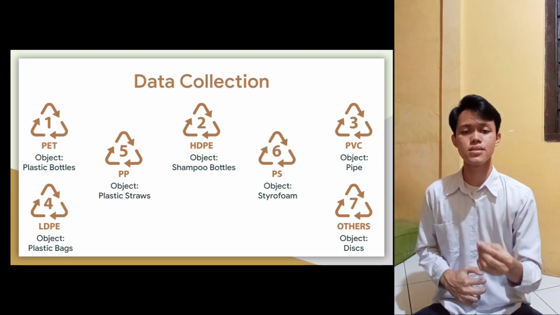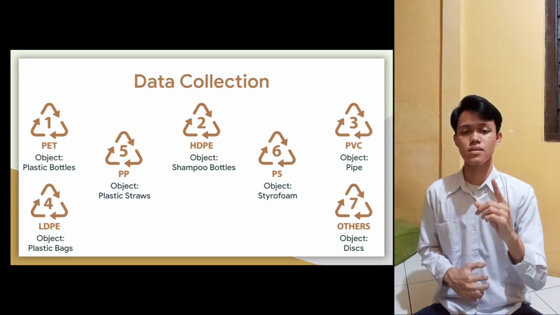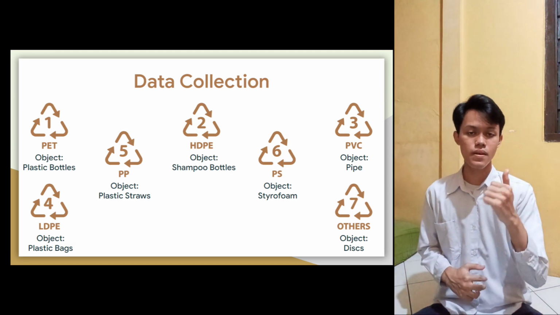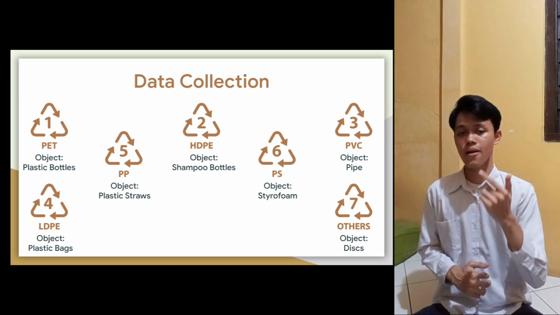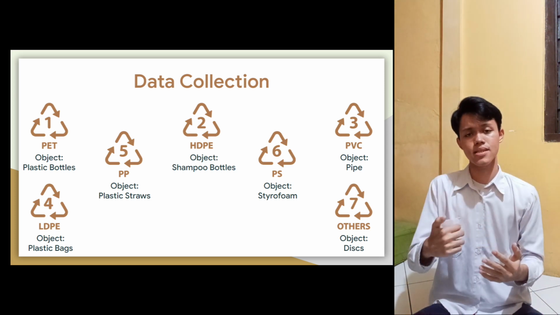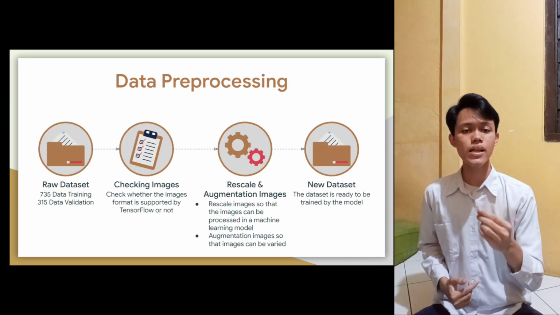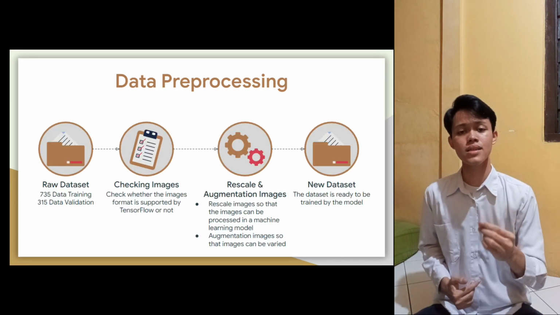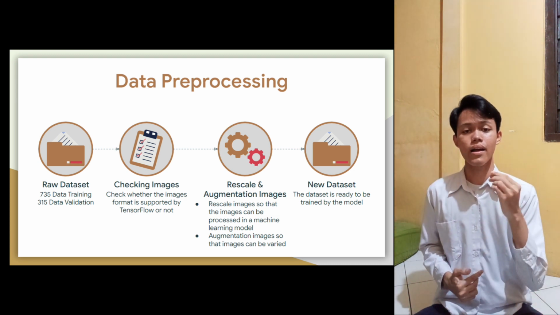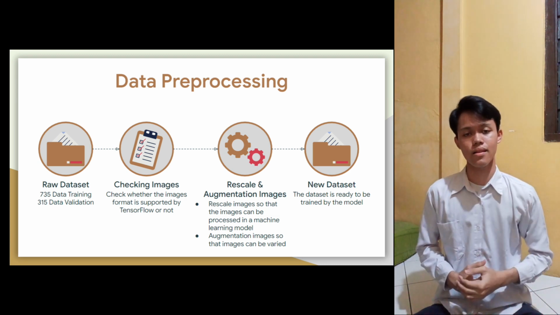In the data collection section, we use one image object in 7 classes, consisting of PET, HDPE, PVC, LDPE, PP, PS, and others. In the data pre-processing section, the dataset is divided into 735 training data and 315 validation data.